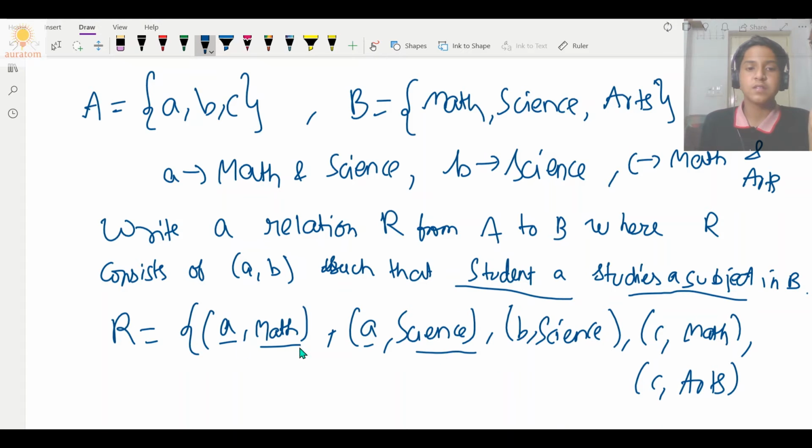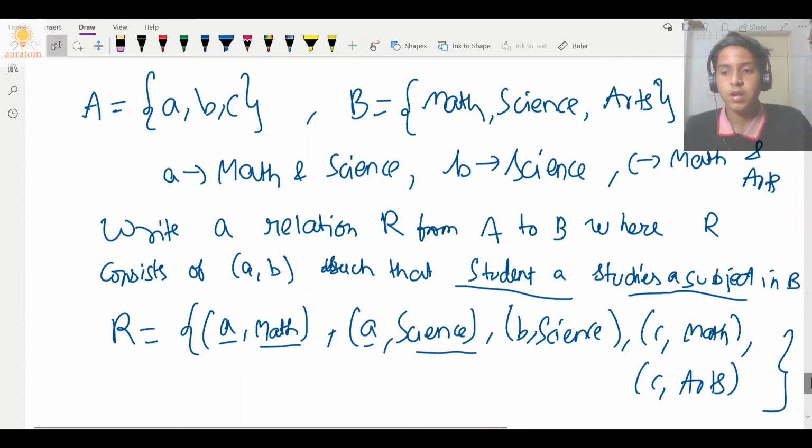So this is the relation from A to B. The relation is that the students in A study the subjects in B. So student A studies math, student A also studies science, B studies science, C studies math, and C studies arts. So we have defined this relation in this particular way. And now let's move on to another concept.